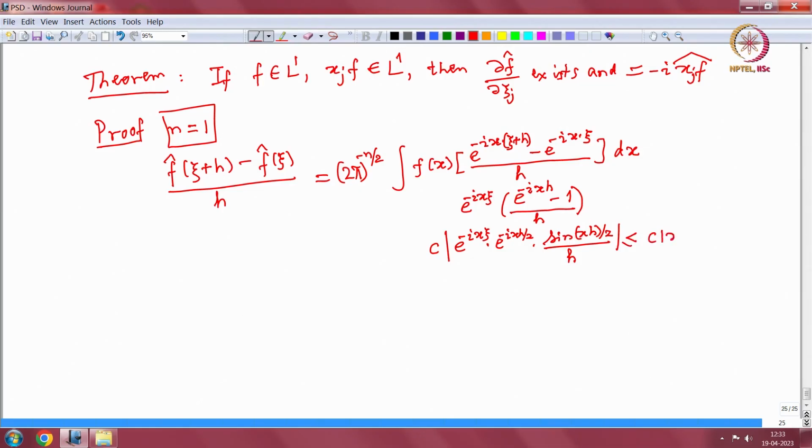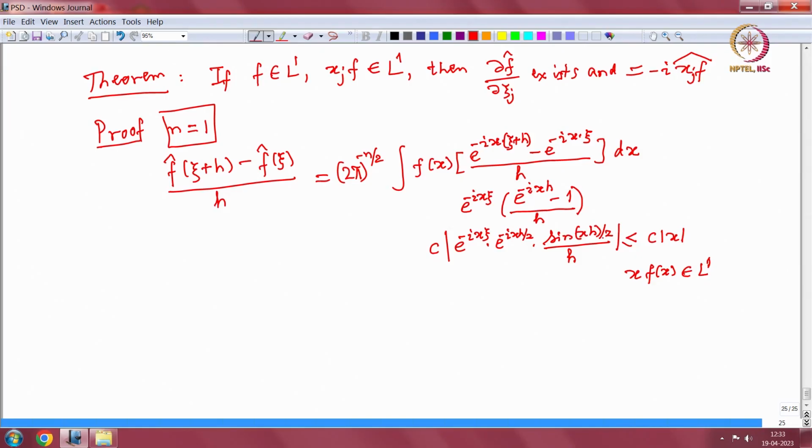And by hypothesis, since we are working only with n equal to 1, this x f x is in L1. So, the integrand is bounded by mod x into f x in absolute value, and that is an L1 function.